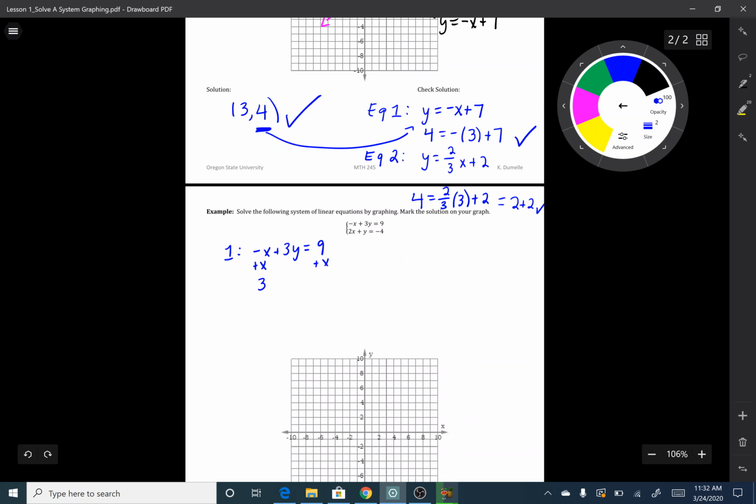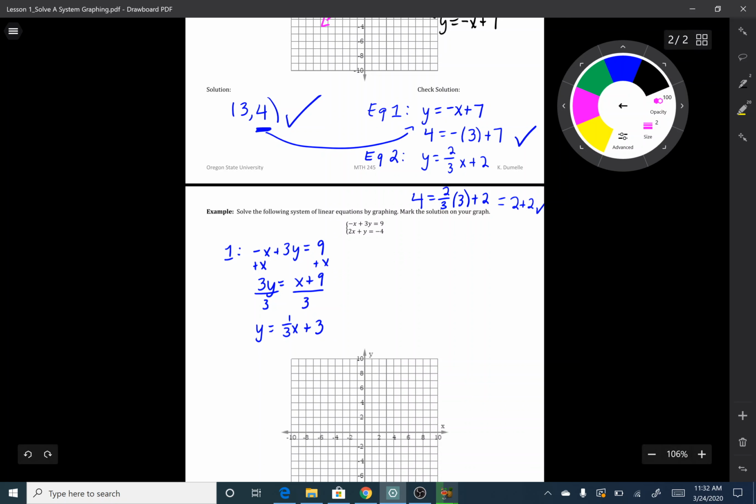This gives me 3y is equal to x plus 9. And now, in order to solve for y, I am going to divide both sides by 3 to get y is equal to 1/3 x plus 3. So this is y equals mx plus b form for equation 1.